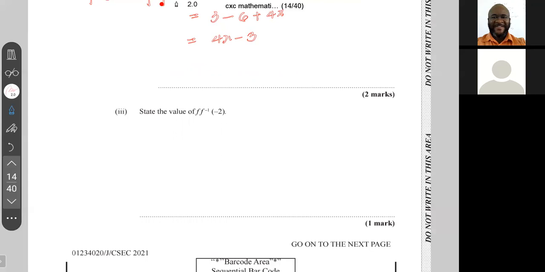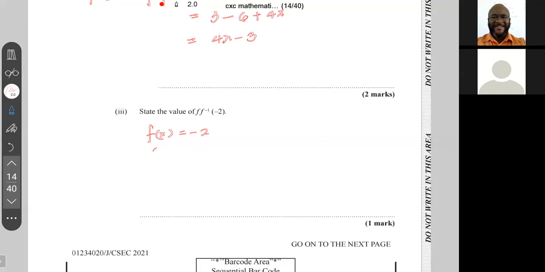But even though it's 1 mark, let us just show it. Now, let's first find f inverse of minus 2. To find it, I'm going to solve the equation f of x is equal to minus 2.